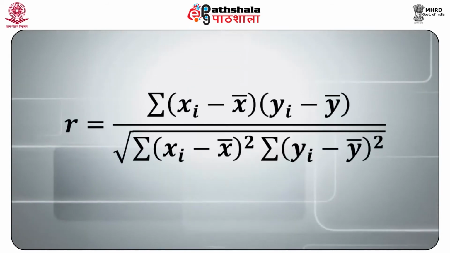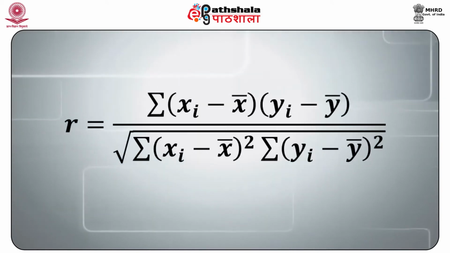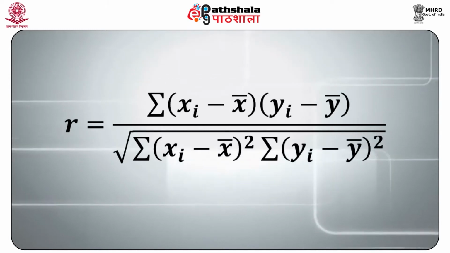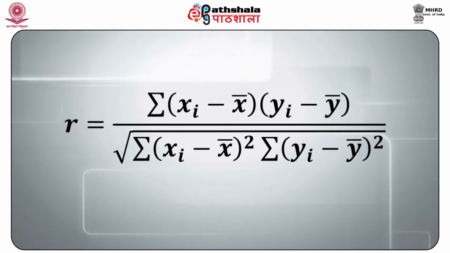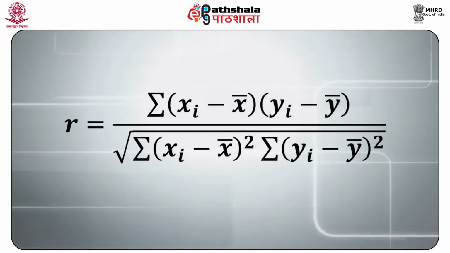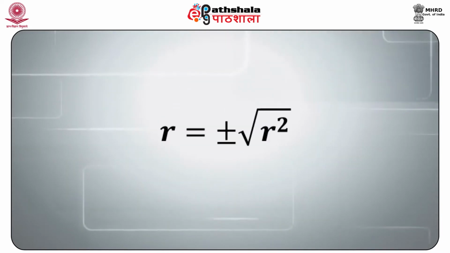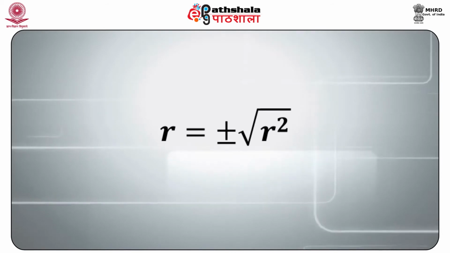The sample correlation coefficient can be obtained as follows, which is r is equal to sigma xi minus x bar into yi minus y bar upon sigma xi minus x bar square into sigma yi minus y bar square whole under root. So the numerator is the covariance between x and y, and the denominators are the standard deviations of xi and yi. Alternatively, the coefficient of correlation could be obtained as r is equal to plus minus under root of R square.